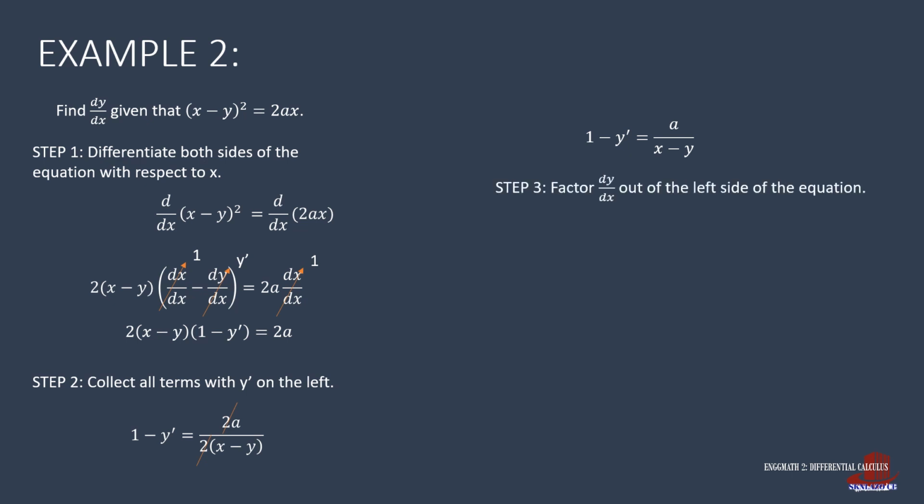Further isolate y prime by transposition to have y prime is equal to 1 minus a all over x minus y. Then to solve for dy all over dx, we make a unified denominator by taking the LCD and then collect the numerators, so the final equation is y prime is equal to x minus y less a, and this is all upon x minus y.